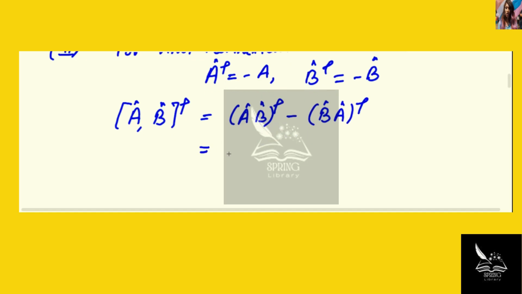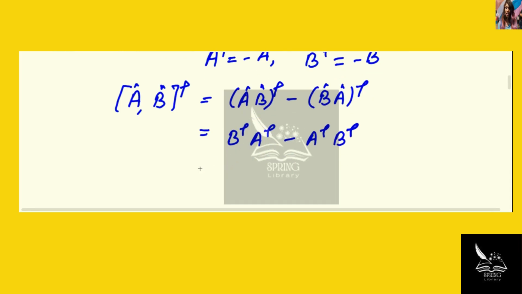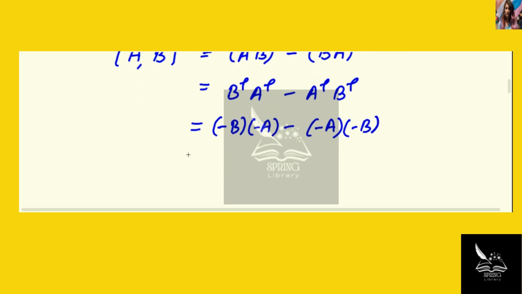Again this is B dagger A dagger minus A dagger B dagger. This time B dagger is equal to minus B and A dagger is equal to minus A. All of these are operators.